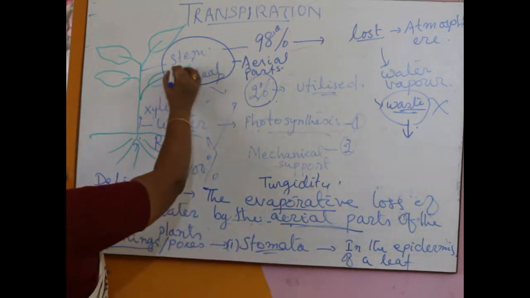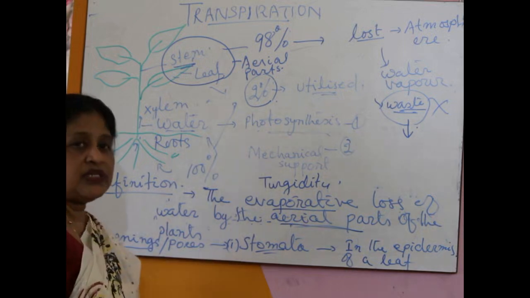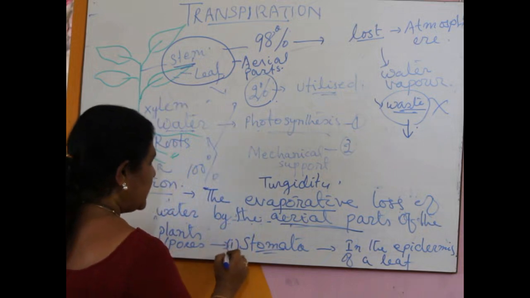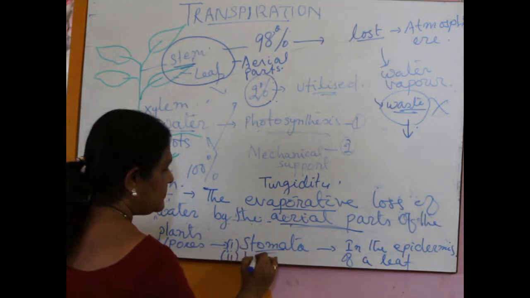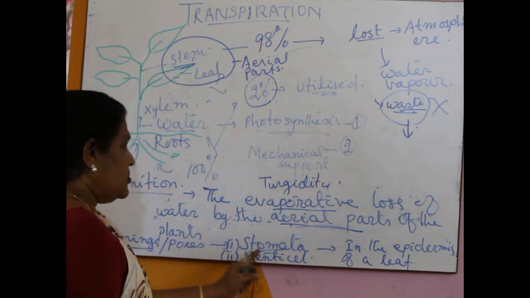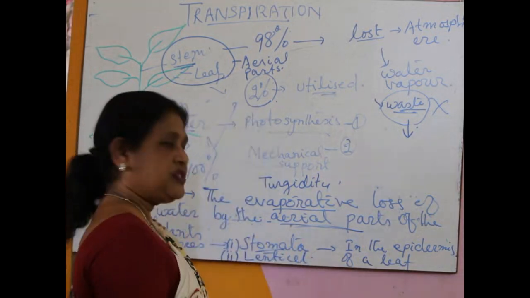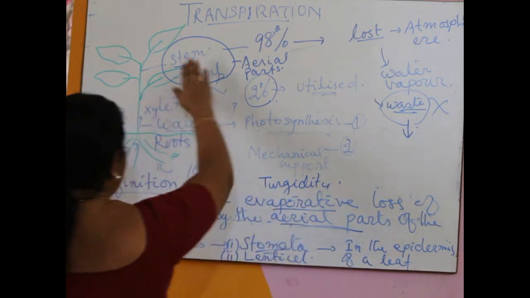Now in the stem there are openings, mostly in the old stems, through which transpiration also occurs, that is lenticel. It is known as lenticel. So these are the two openings through which transpiration occurs, that is stomata and lenticels.